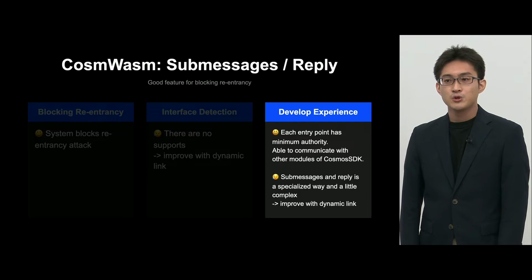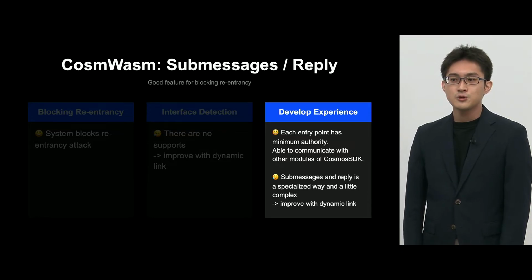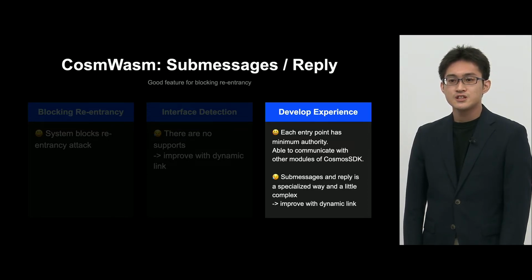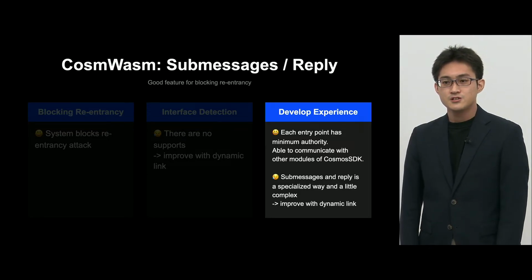Good things include that at each entry point, there is a minimum level of privilege given to the storage. So with the Cosmos SDK, it is possible to have an interaction with other modules. The bad thing is that as we started the development, this is a kind of peculiar and complex method.